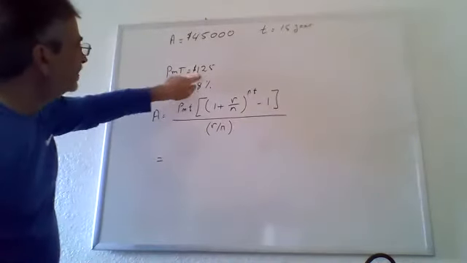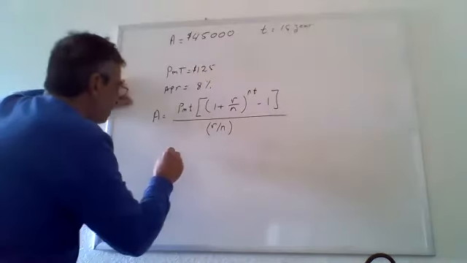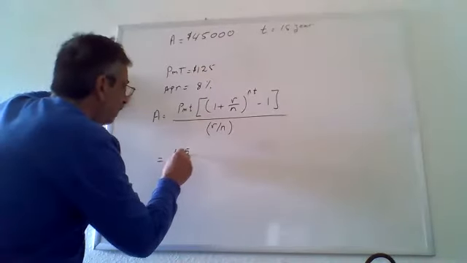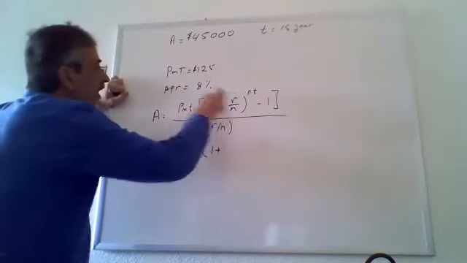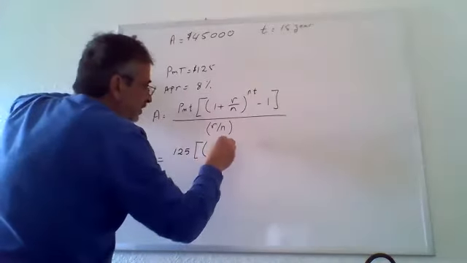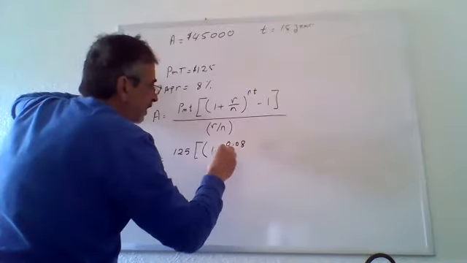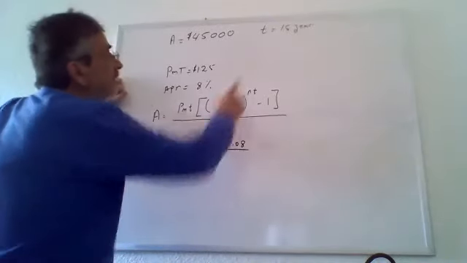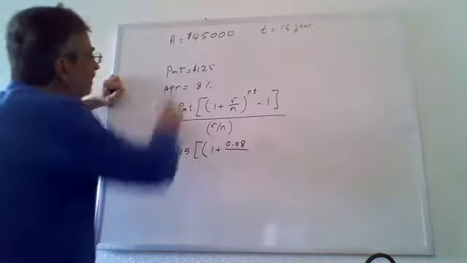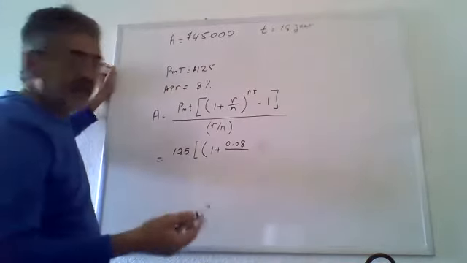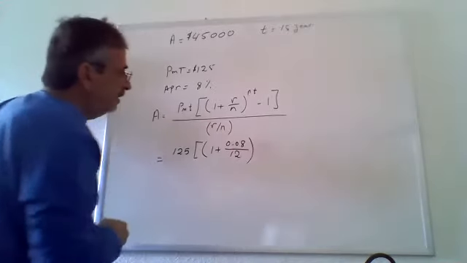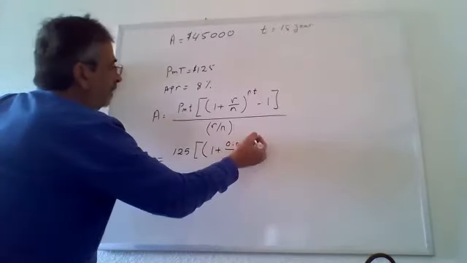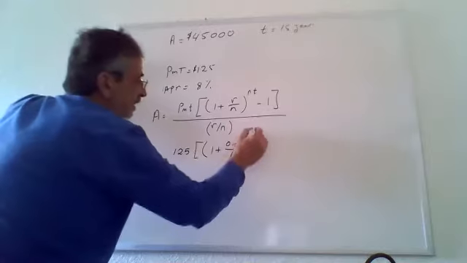We know the payment is 125, so he's going to pay 125 times 1 plus R, which is 8%, 0.08, divided by N. We're saying the monthly payment, so it is 12 months in a year, to the power NT.